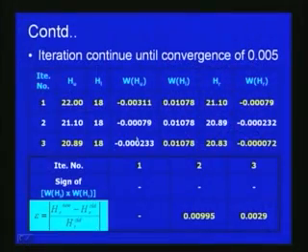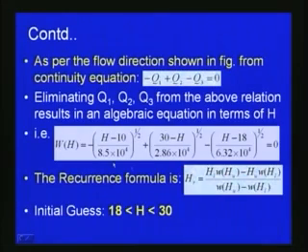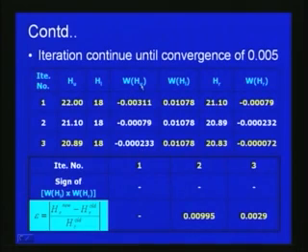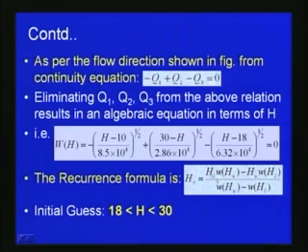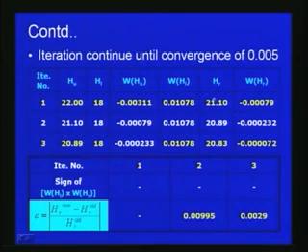After substituting 22 here, we get W(HU) as minus 0.00311, and by putting HL as 18 we get W(HL) as 0.01078. Solving this equation we get HR as 21.1 and W(HR) as minus 0.00079.